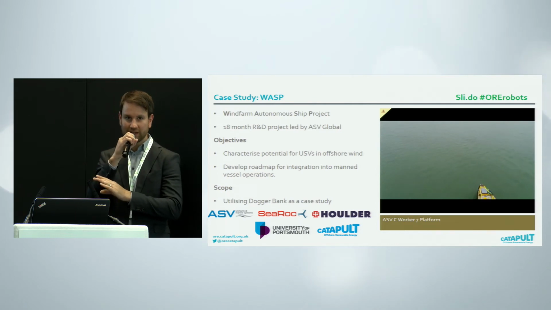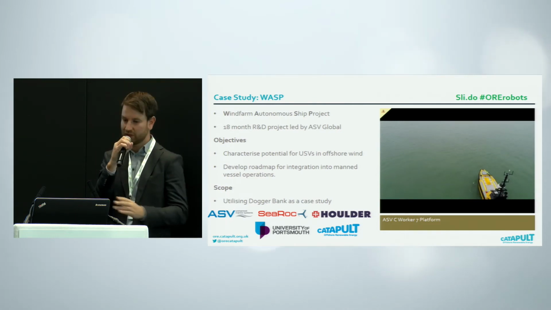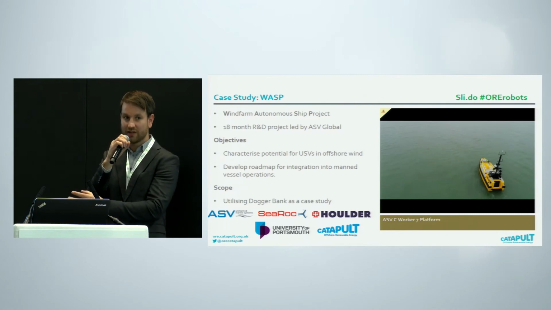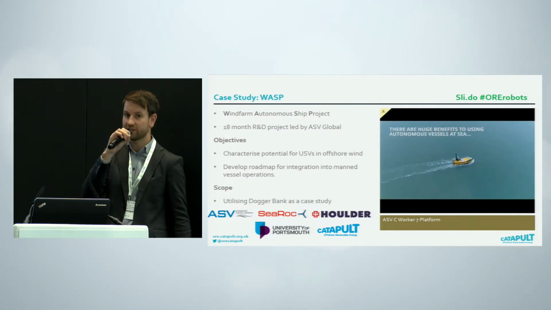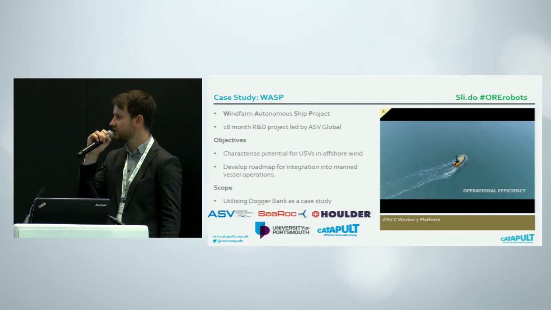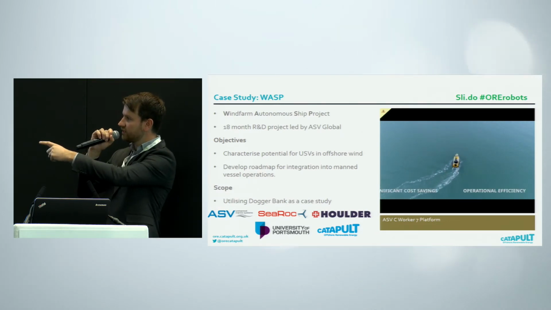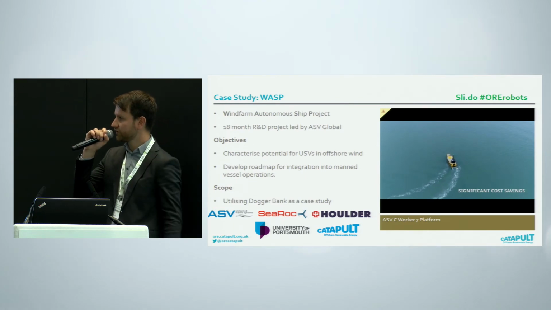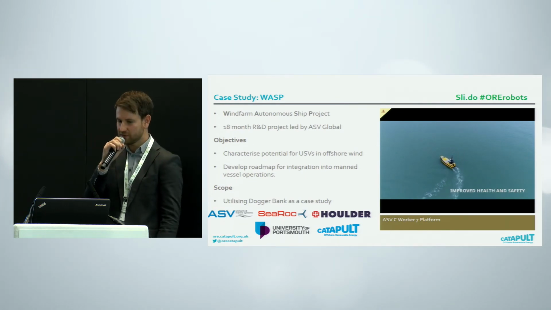We're not looking to completely eradicate the use of manned vessels. We're looking to see how these vessels can support those, especially for far offshore sites, such as Dogger Bank, which has been used as the case study for this project. So partners include ASV, Searock, Holder, University of Portsmouth, and Catapult.